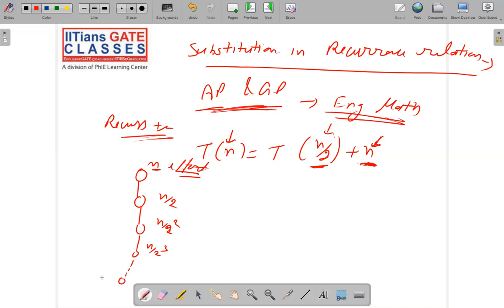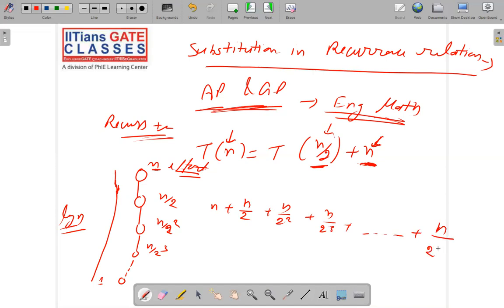It will go till it becomes 1. And how many times have we actually done the effort? How many times have we gone through this tree? Log n times. So if you add n plus n by 2 plus n by 2 square plus n by 2 cube plus up to n upon 2 raised to power log n, that is how many times you have iterated it.